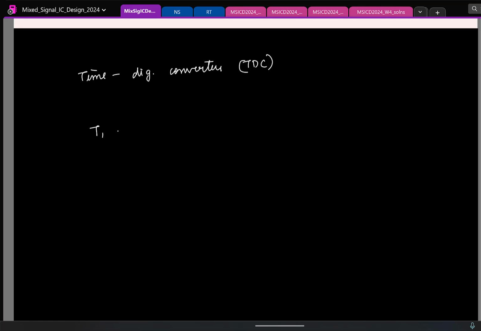They check if time is greater than whatever you want, right? It basically checks if the falling edge or the rising edge of two signals is greater than or less than a particular delta. I'm not going to cover how to make TDCs because that is a separate course. Some of you might have taken it, or others can look at E698G lectures by Professor Chitra. So you can use a TDC for this, and people do that.